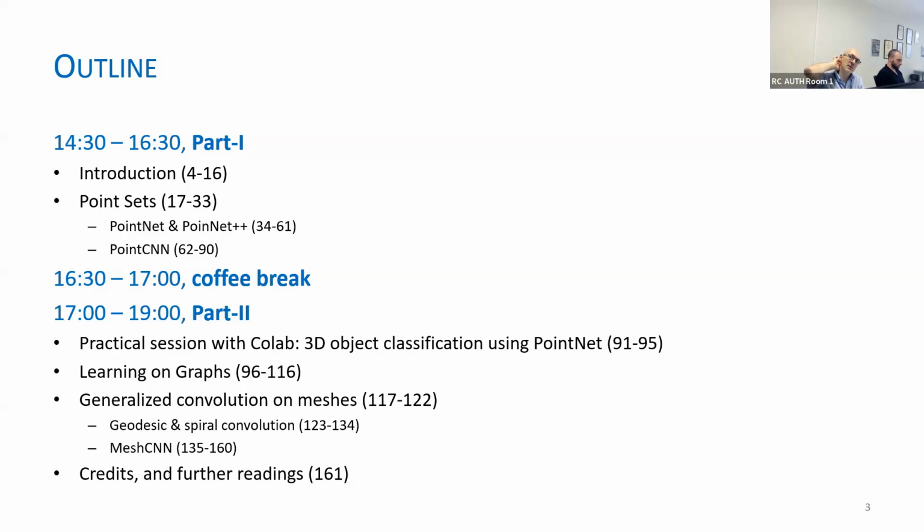The last architecture that I will present is MeshCNN, which is another architecture used to work on meshes. At the end, there are some pointers to start reading. So this is more or less our program for this afternoon.